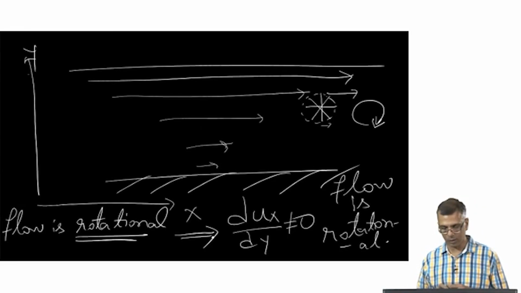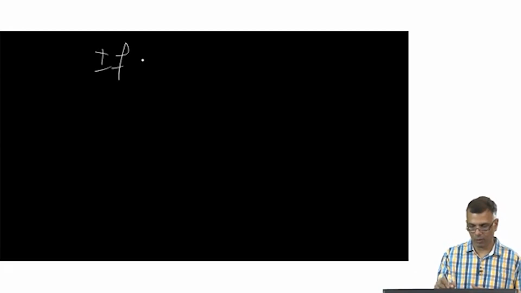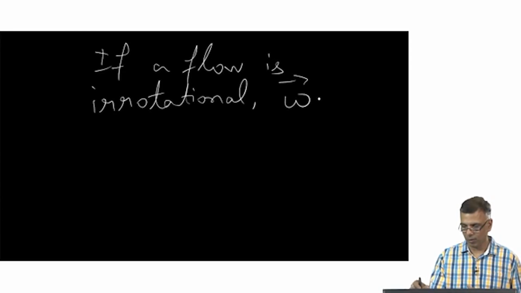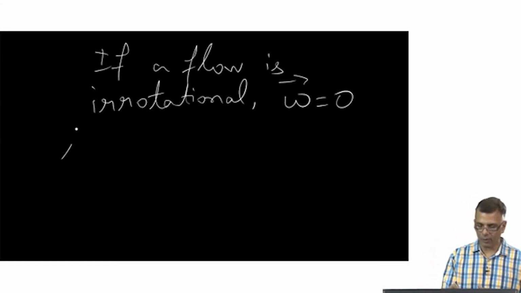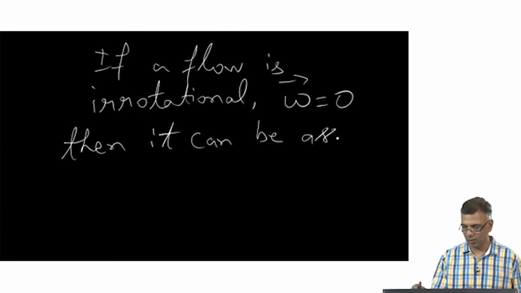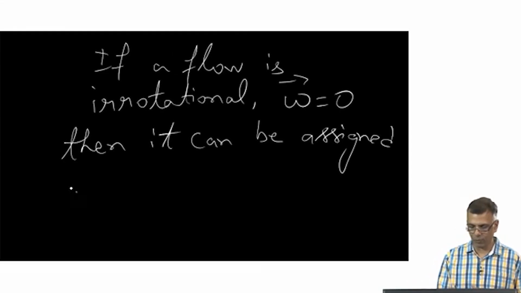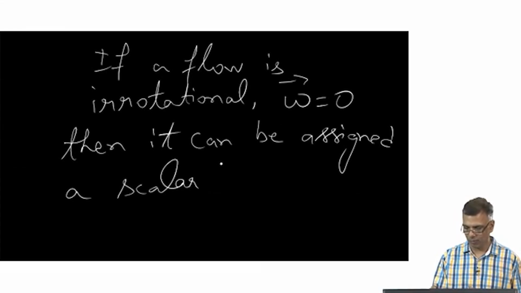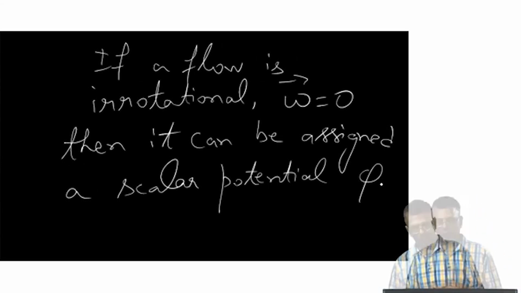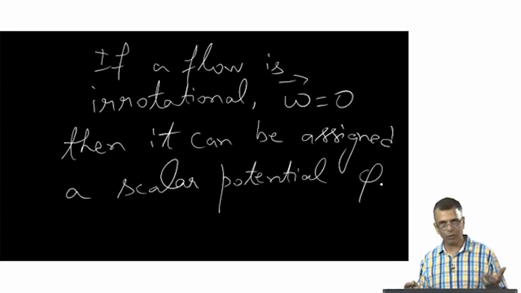We also discussed the fact that if a flow is irrotational, i.e., the vorticity equals 0, then it can be assigned a scalar potential. That simply follows from basic vector calculus.